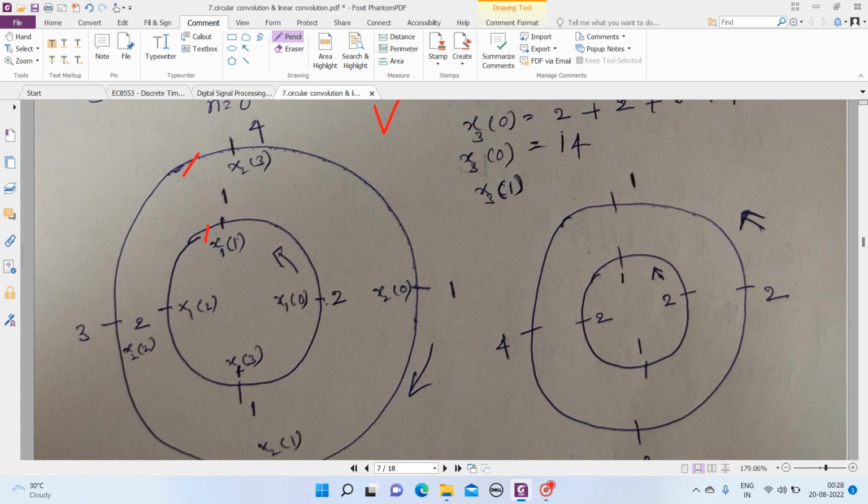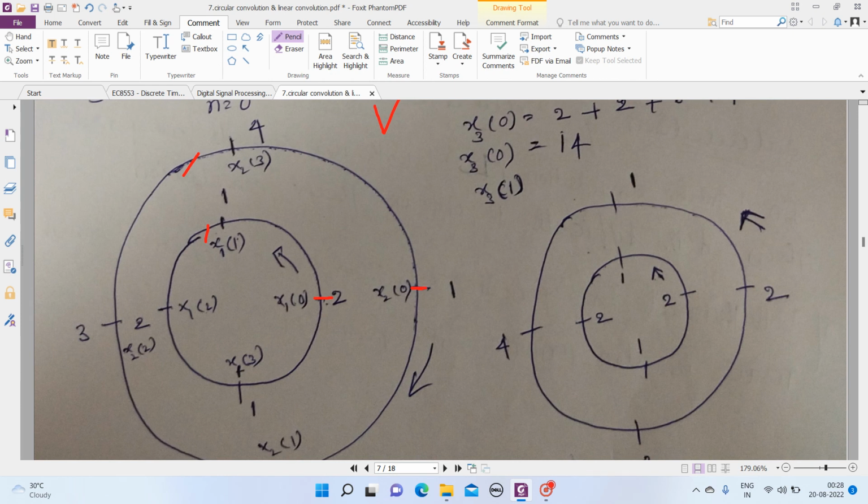See here, I have taken x1 of 0 here, but x2 of 0 also you have to represent here itself, right? If you are representing x1 of 0 in this portion, x2 of 0 you also have to represent in this place.